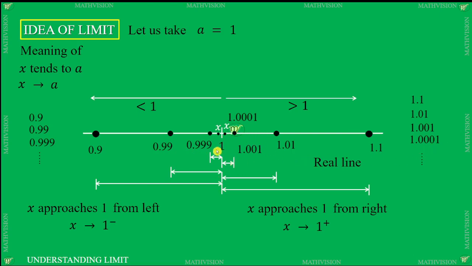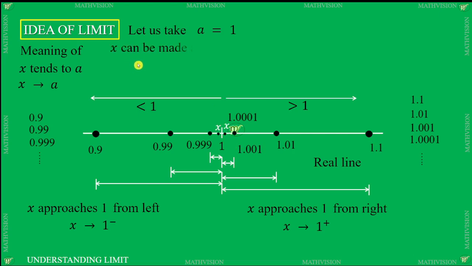So this is the meaning of x approaches 1. We can make x as close to 1 as we wish, either from the left hand side or from the right hand side, by joining zeros or 9s after the decimal point. But in all cases, x is never equal to 1.